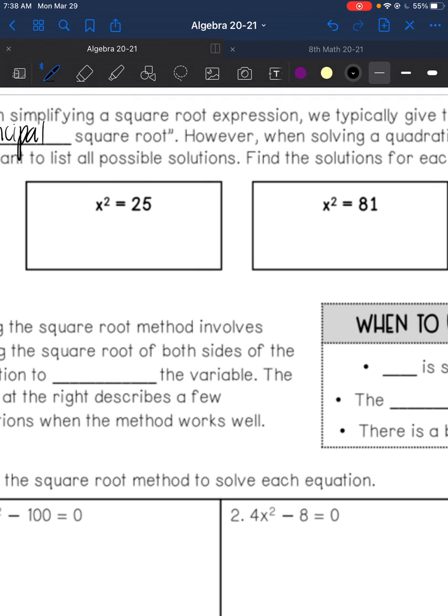So remember, this is taking the square root of both sides. So x equals 5 and x equals -5, because it could be either one of those options. So if we were solving this on a graph, our zeros, our x-intercepts, would be at 5 and -5.